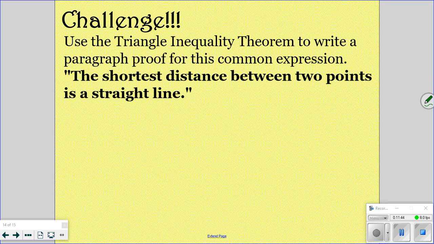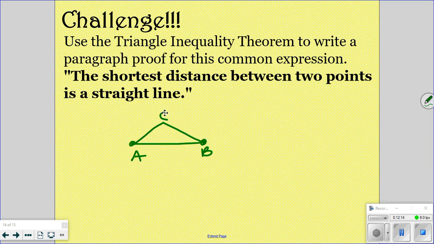Alright, so I'm just going to read it. I'm not going to write it out. But one way that you could explain this one is that there are two ways to get from A to B. One way is directly along the path from A to B, along that line from A to B. The other is to go by way of a point C, which is not on your line. So you can go from A to B this way, or you can go up to C and then go through it.